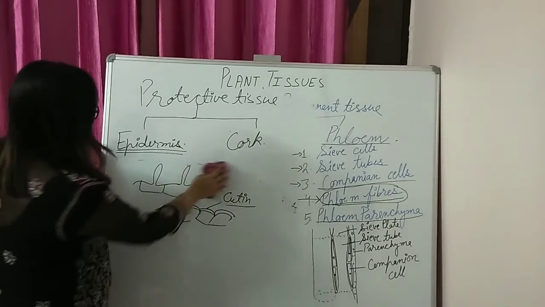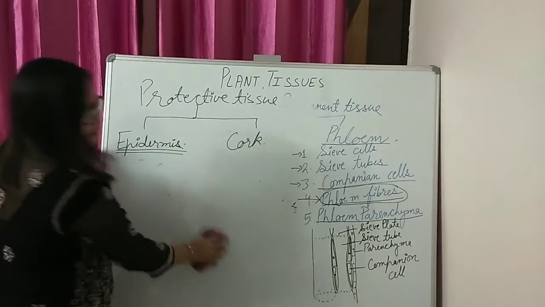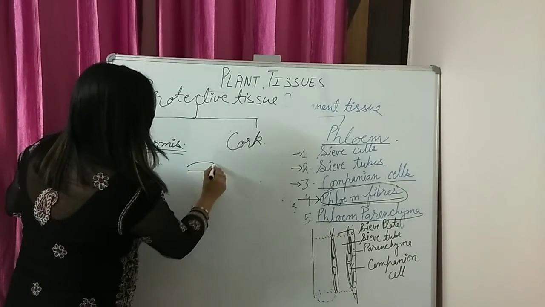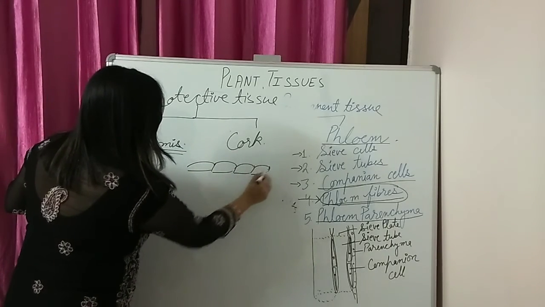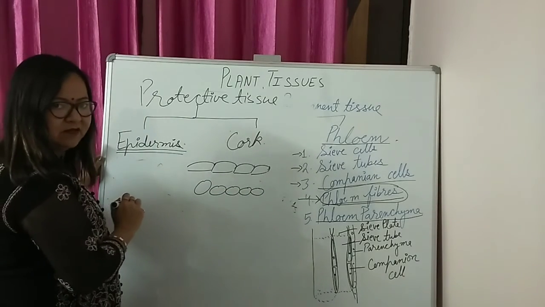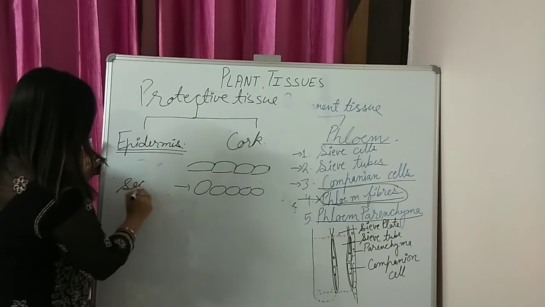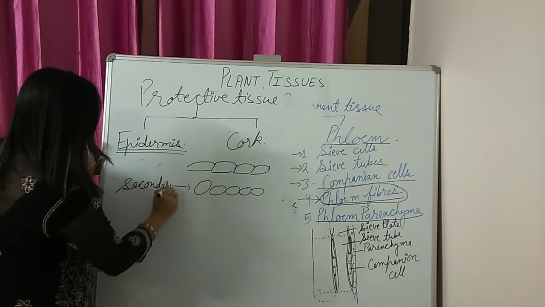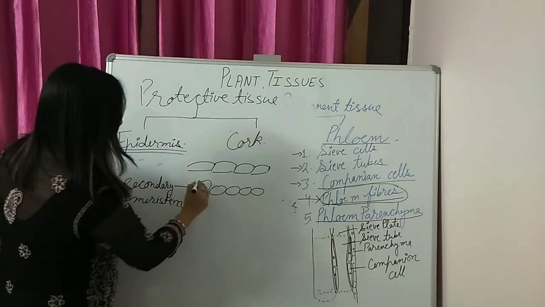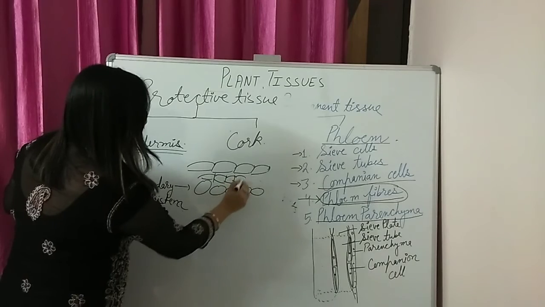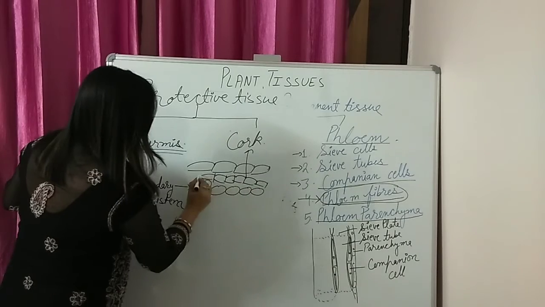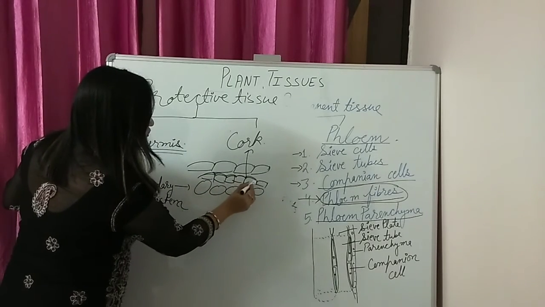The second protective tissue is cork. When the stems become older, below the epidermis some cortex cells become activated and get the power of cell division, and they are called secondary meristem. These cells cut off cells, which are called cork, and they have deposition of suberin.